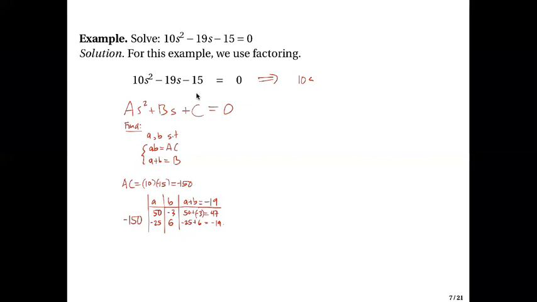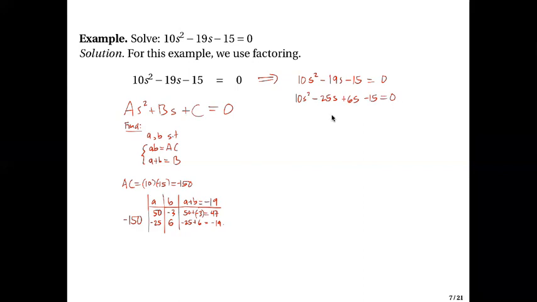And we write this as 10s squared minus 25s plus 6s minus 15 equals 0. Yeah, this guy here: 10s squared minus 19s minus 15 equals 0. We use this negative 25 and 6. So 10s squared minus 25s plus 6s minus 15 equals 0.